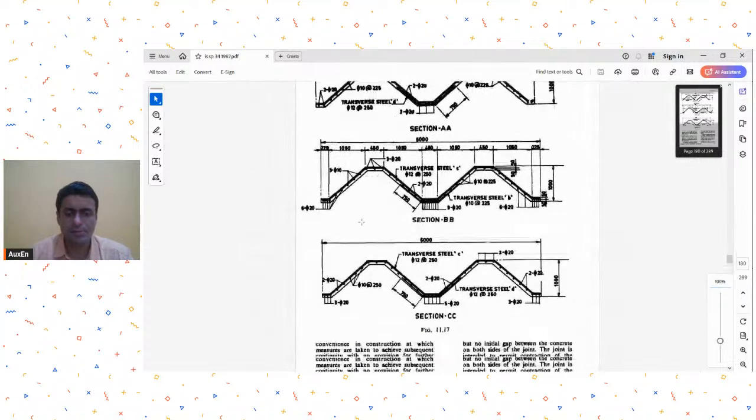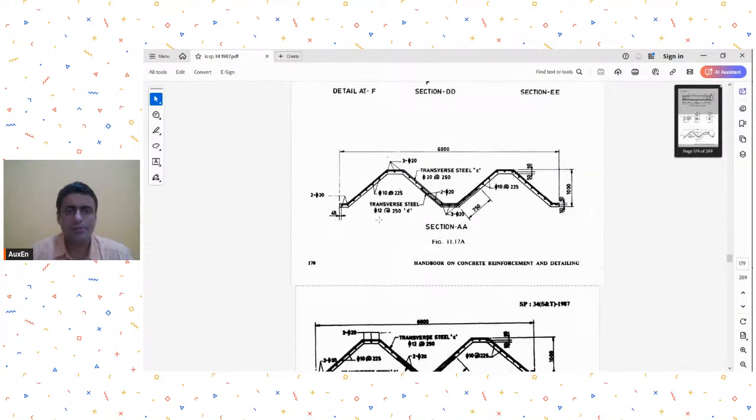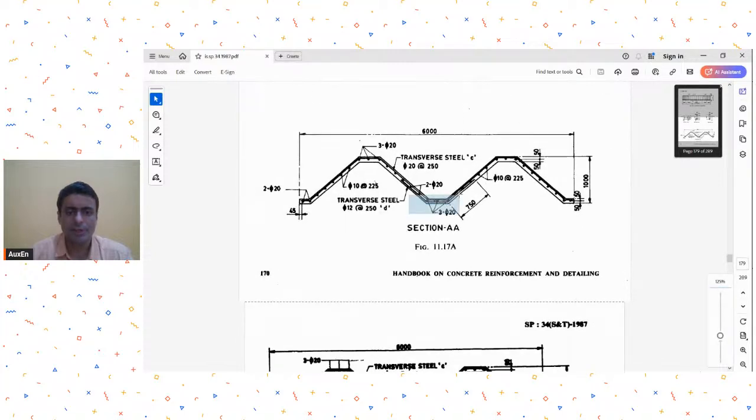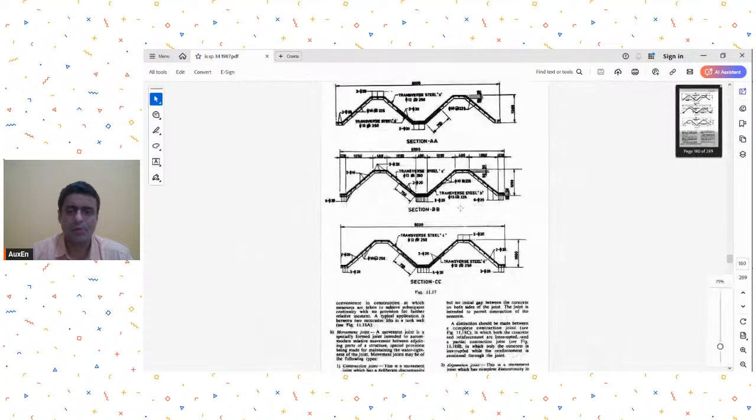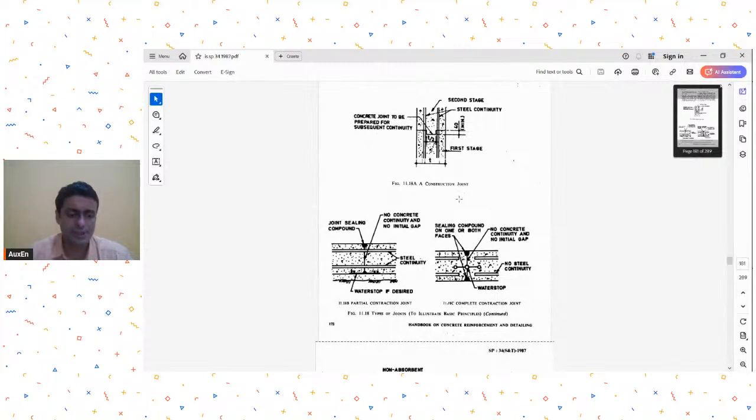Actually, this is not from a pitched roof, but anyway. So some arrangement like this you may provide, and then these become your support lines over here. So here you may provide some beam-like arrangement in these support lines, and the rest of it can be done as a one-way slab or a two-way slab. Of course, that depends on the position of support lines. So I think this is how you can provide pitched roof.